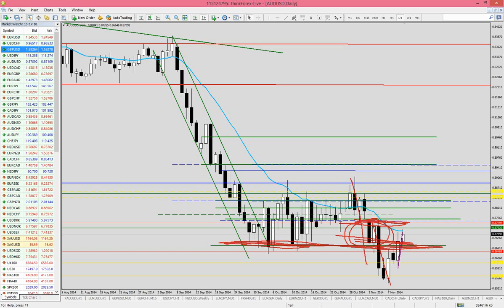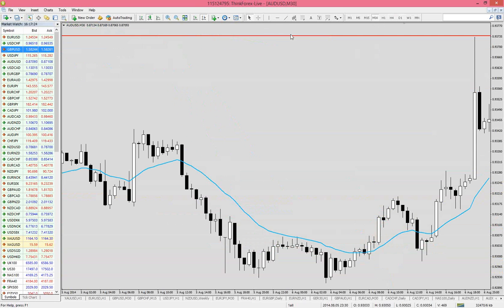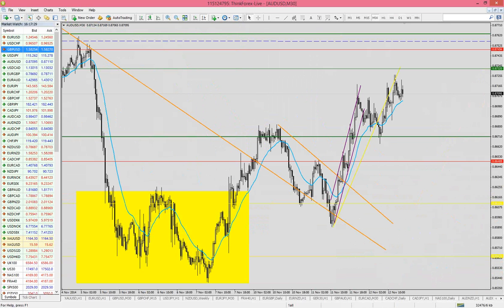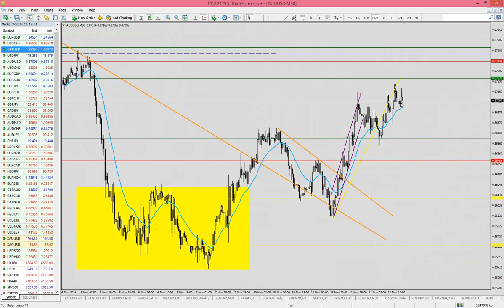So let's have a look at how it looks on a smaller time frame.